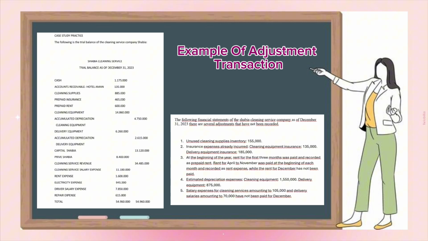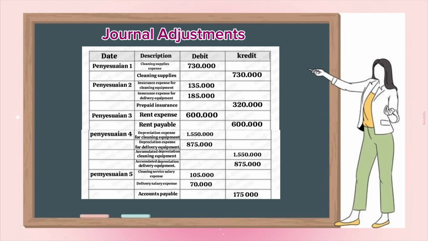Example of an adjustment question. Example number 2. Insurance expense already incurred. Cleaning equipment insurance 135,000. Delivery equipment insurance 185,000. Choose the right account. Journal adjustment. Example question number 2.